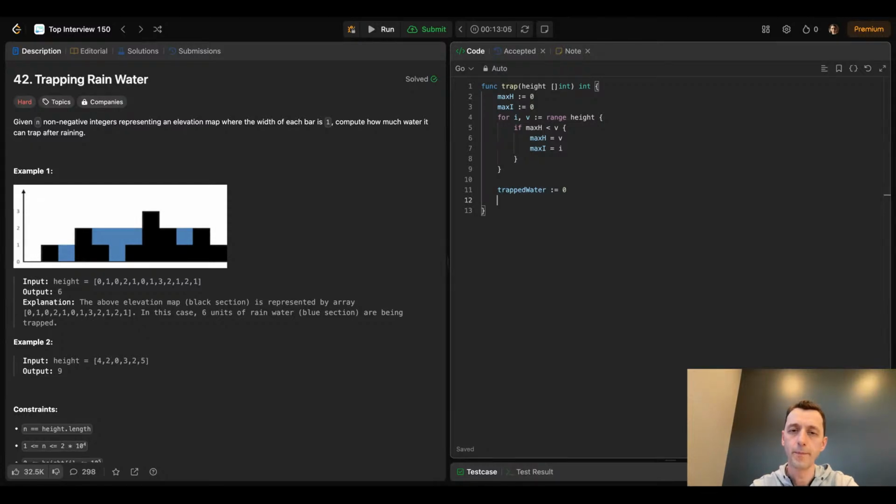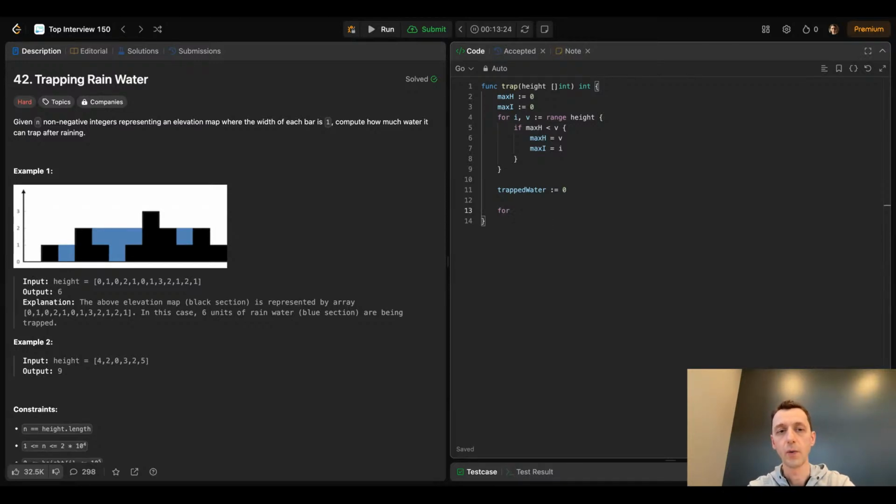We're going to go over these segments before the height, starting with the left and going towards that height.